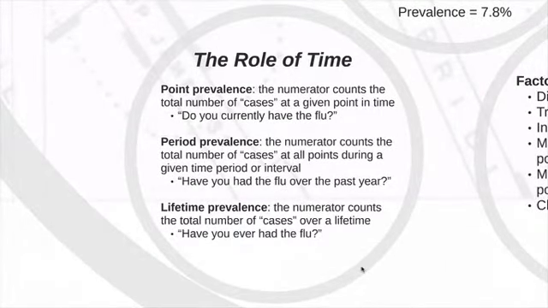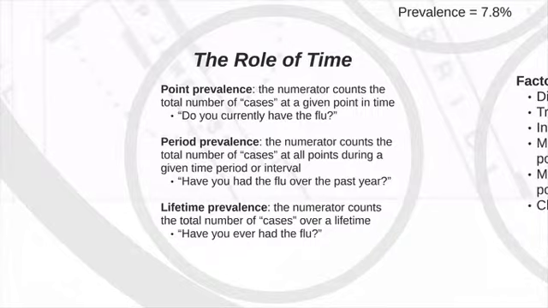There are a few different ways we can characterize time in prevalence. You can think about point prevalence, that is, right now, do you currently have it? So the numerator counts the total number of cases or people with your health outcome at a given point in time. A question that exemplifies point prevalence is, do you currently have the flu? Do you have it right now at a point in time?